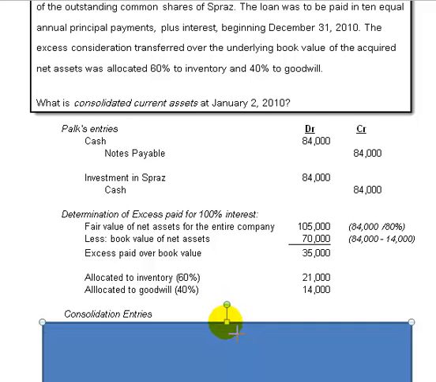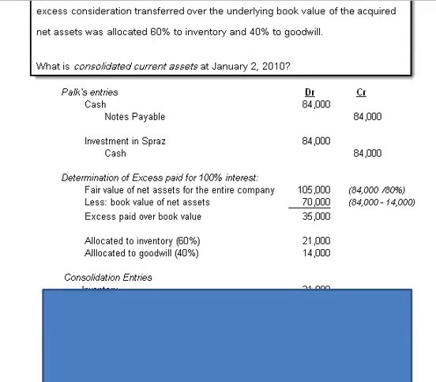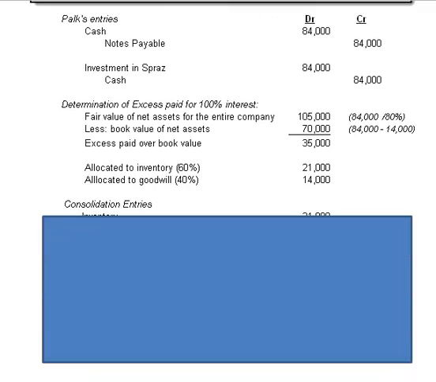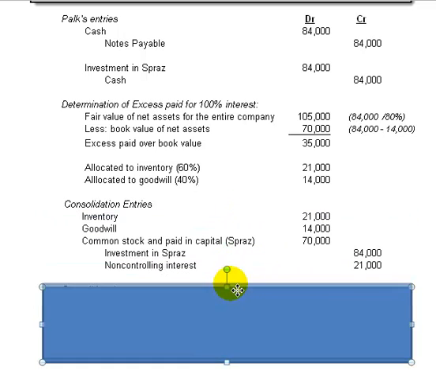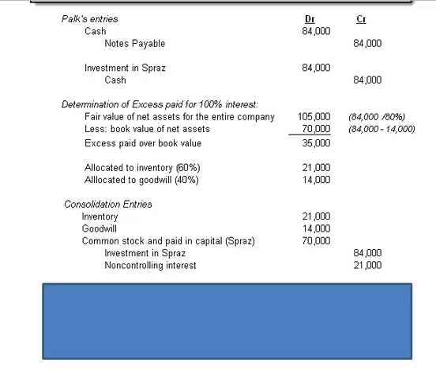Okay? Now, let's think about what consolidation entries would be made in this case. And I'm going to do them all as one big entry. That's the entry that would be made. Okay, we're going to write up the inventory for the amount that was allocated to it. That's $21,000.